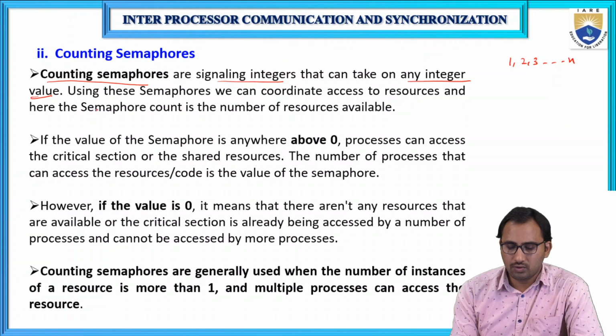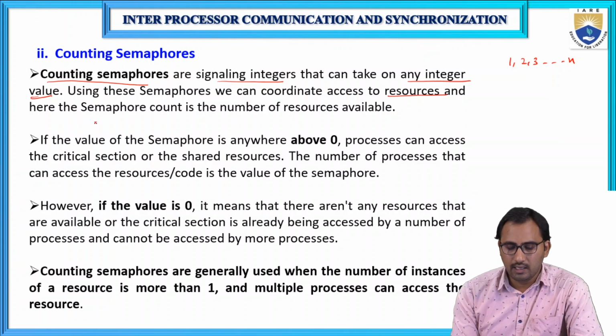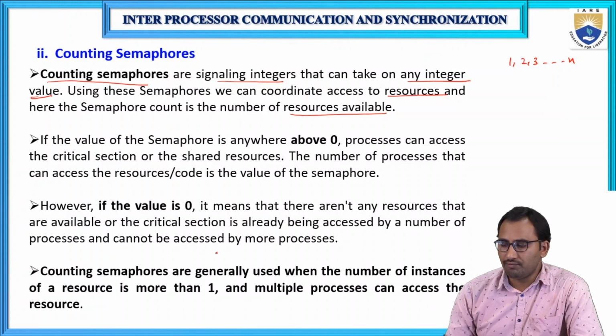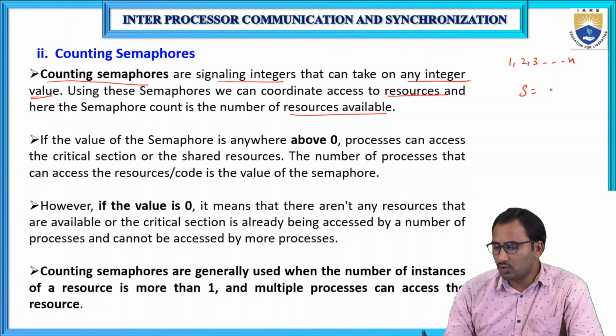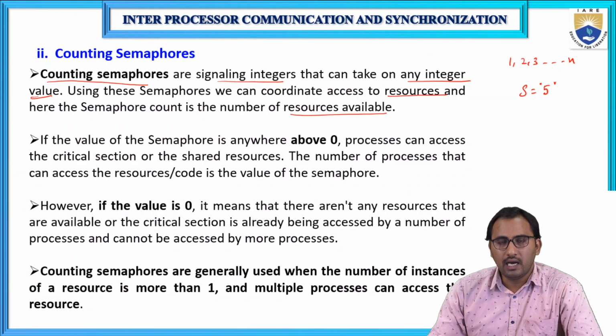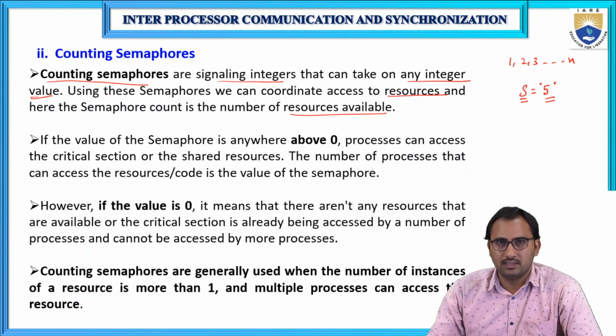Using these semaphores, we can coordinate access to resources, and here the semaphore count is the number of resources available. Suppose s is equal to 5, that means the available resource can be accessed by 5 different processes.